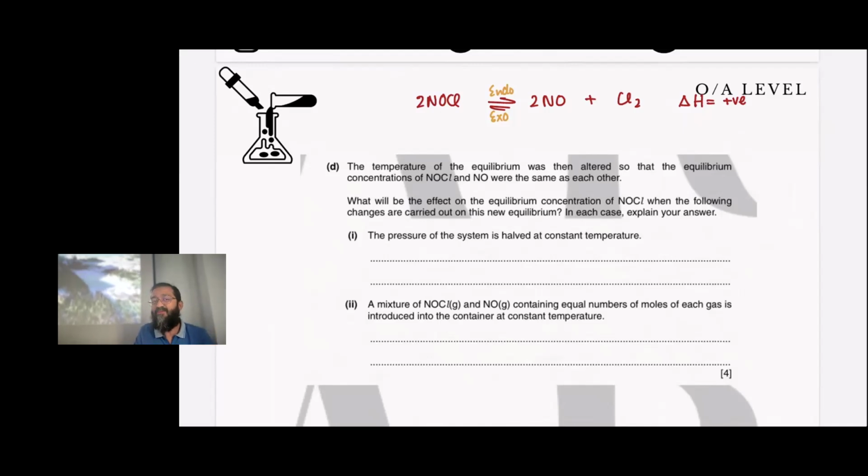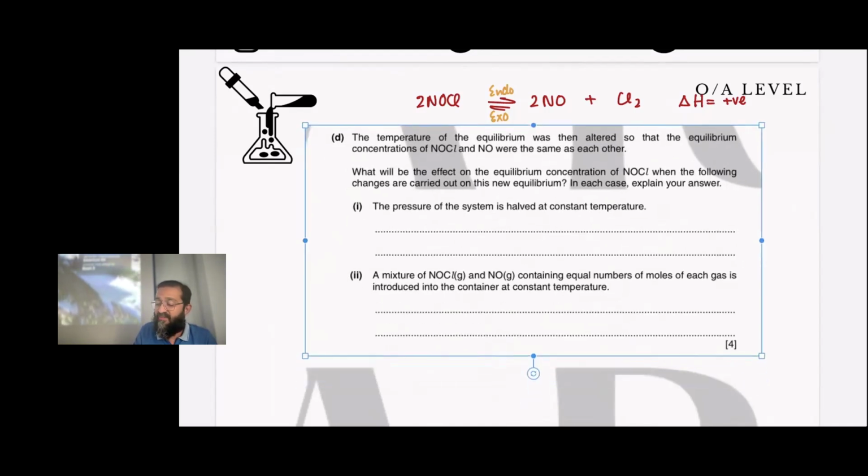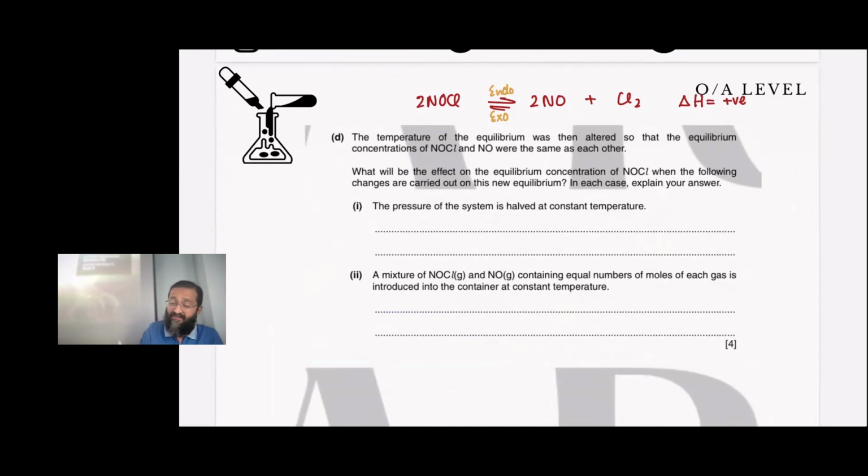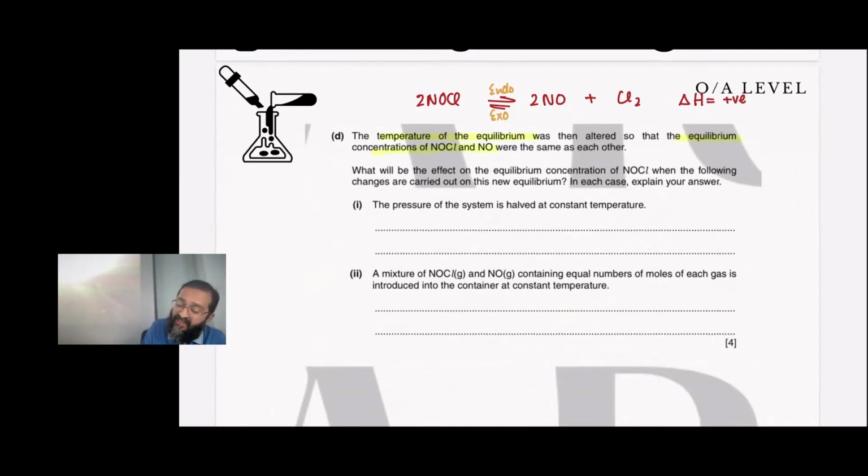Now, these are the things we discussed in the last class. So they are asking about those factors. If there is some change in one of them, then how does the equilibrium position shift and what happens? Okay, one minute. The temperature of the equilibrium was then altered so that the equilibrium concentrations of NOCl and NO were the same as each other.